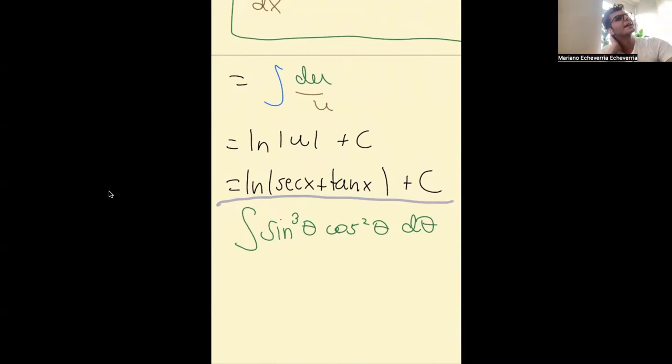I guess it depends on what you mean by factor out. You mean like rewriting sine cubed as... yeah, it depends. You may be saying the correct thing. I'm not sure how to interpret the factor out part.